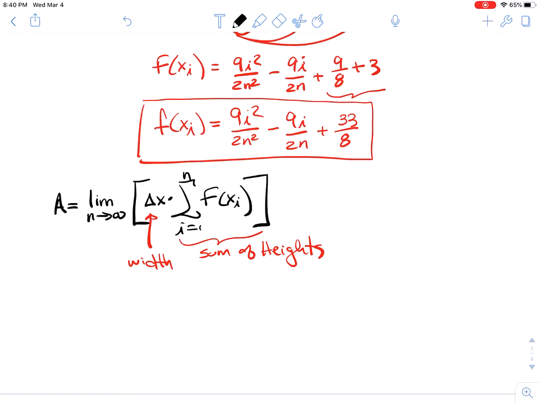So now we would like to substitute our delta x and our f of x sub i into here.